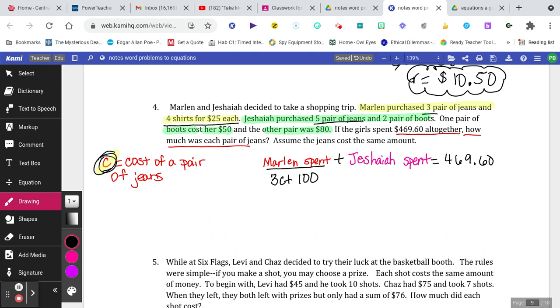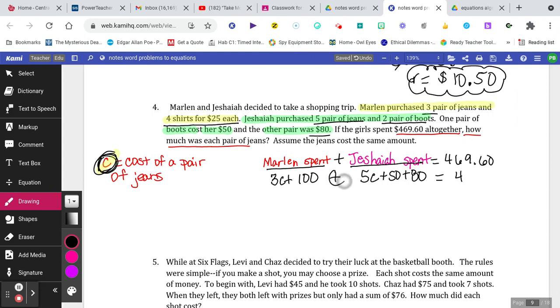She bought 5 pair of jeans, so she spent C dollars 5 times just on the jeans. And then she bought 2 pair of boots. One pair cost her $50. The other pair cost her $80. Some of you might want to put 5C plus 130. That's fine with me. That's everything Josiah spent.